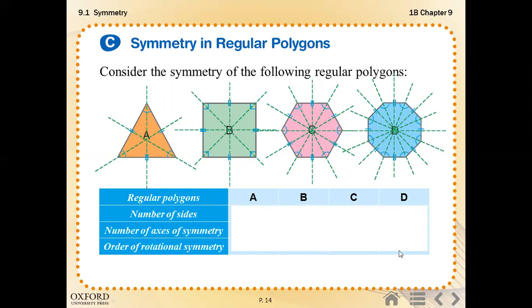Okay, so can you get the answer here? Check your answer. And you can see the number of sides, then the number of axes of symmetry, and the order.